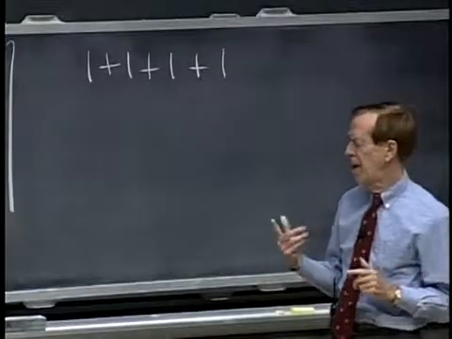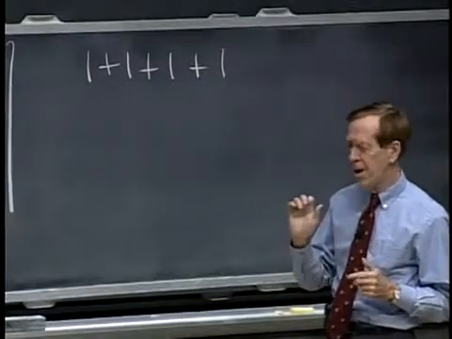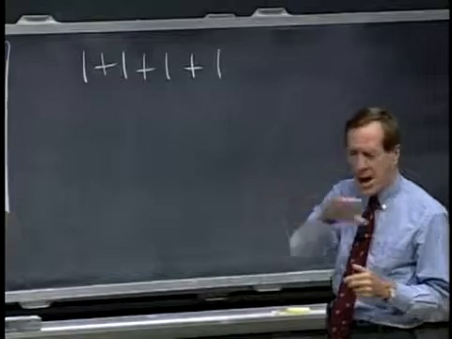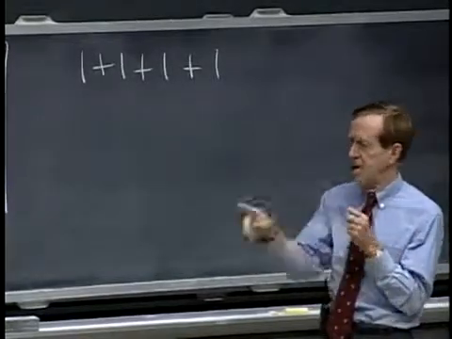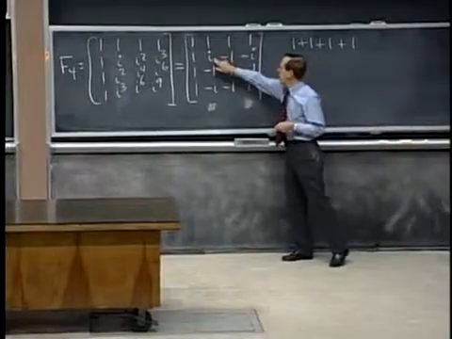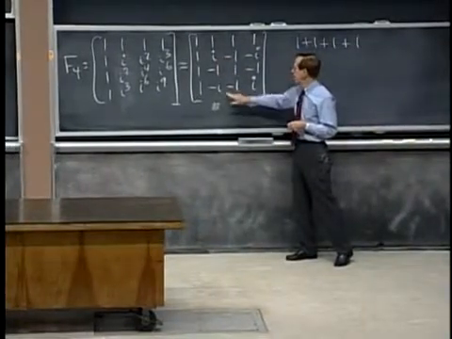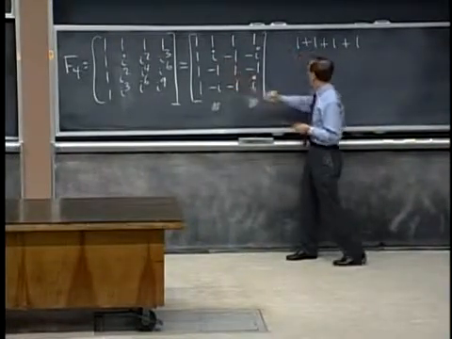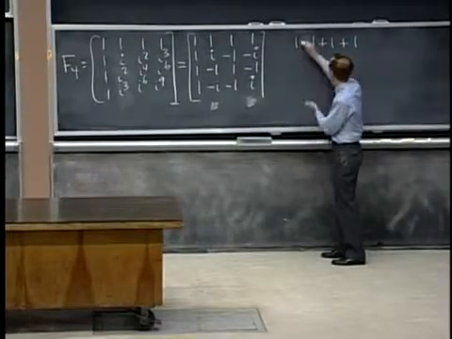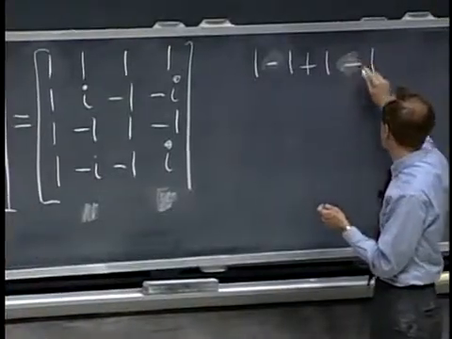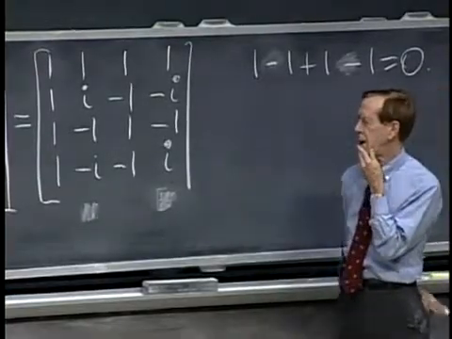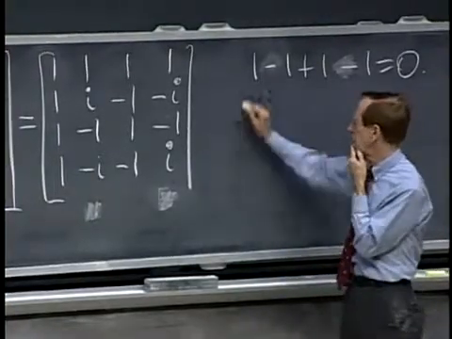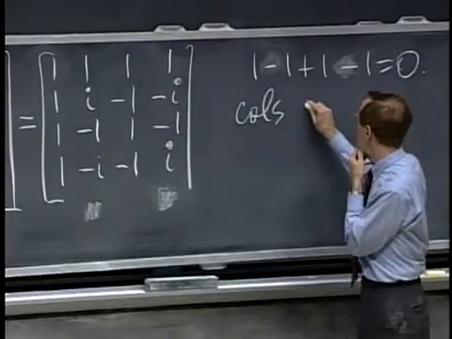Why? Because the inner product, we conjugate. You remember that one of the vectors in the inner product has to get conjugated. So when I conjugate it, it changes that I to a minus I, changes this to a plus I, changes that second sign and that fourth sign, and I do get 0. So those columns are orthogonal.